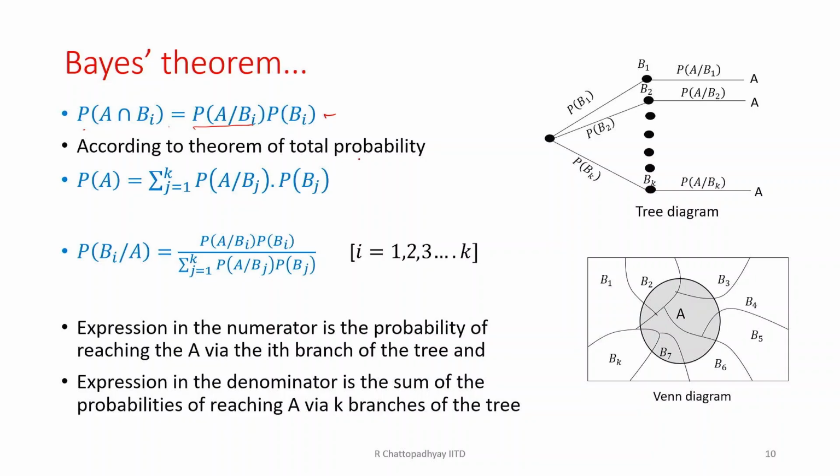According to the theorem of total probability, P(A) is this. We have already learnt it in the previous case, with j equal to 1 to k.